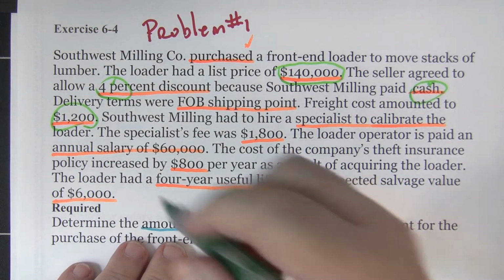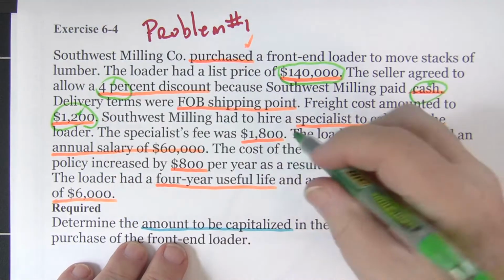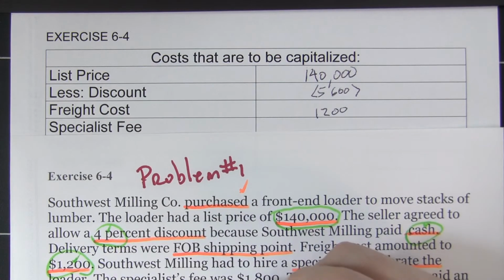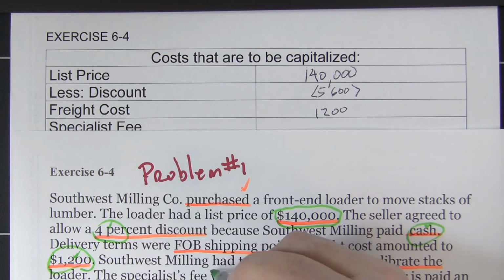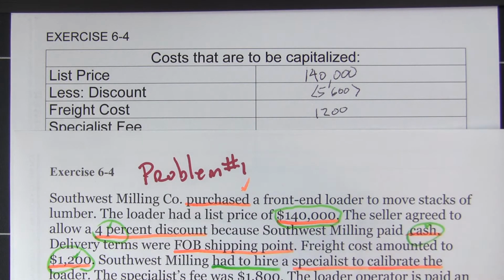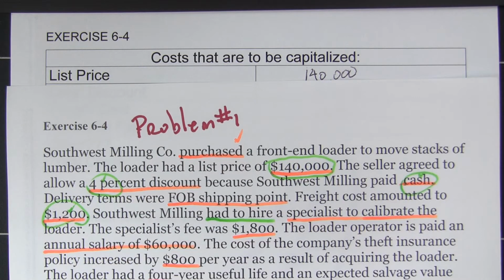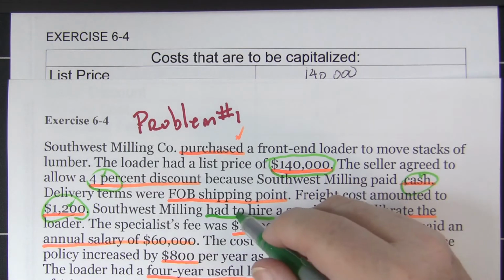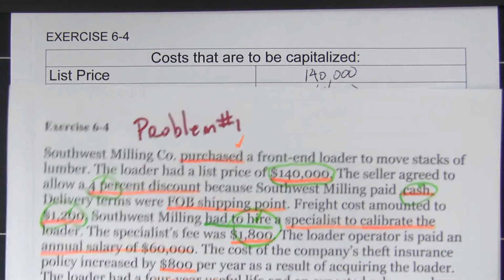And let's see, so we got that piece. Now, we had to hire that specialist. They tell us that, had to hire. If they said, felt like hiring, not so much. Had to hire. He or she was necessary to put the item to its intended use. So that $1,800 gets added.